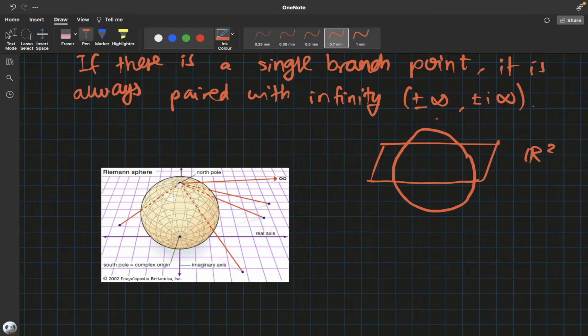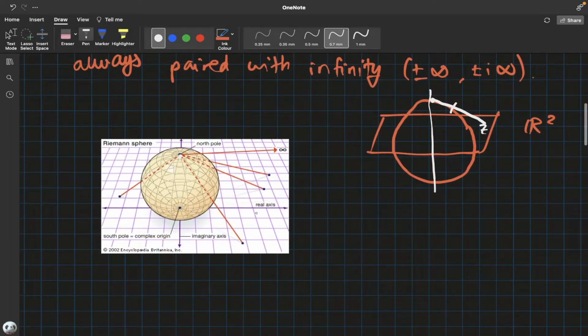So what we do is we take the North Pole, and we draw a line from the North Pole to any given point on this plane. The point where this line intersects the sphere, any point on the surface of the sphere, that's the mapping of this point on the plane to the sphere.